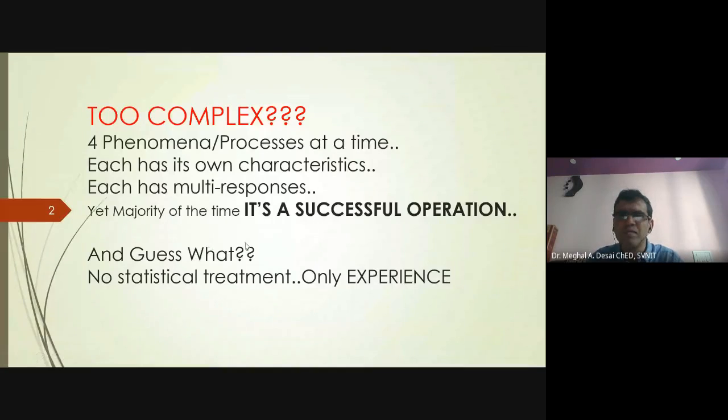All processes have multiple responses, and majority of the time you do not complain. Whatever is being cooked or served to you, you are quite satisfied. So with no statistical treatment, you are still getting a quality product, thanks to the grih Lakshmi of our home.